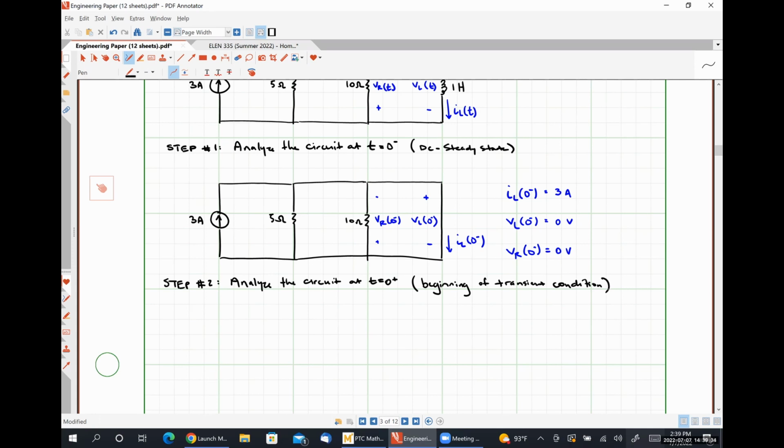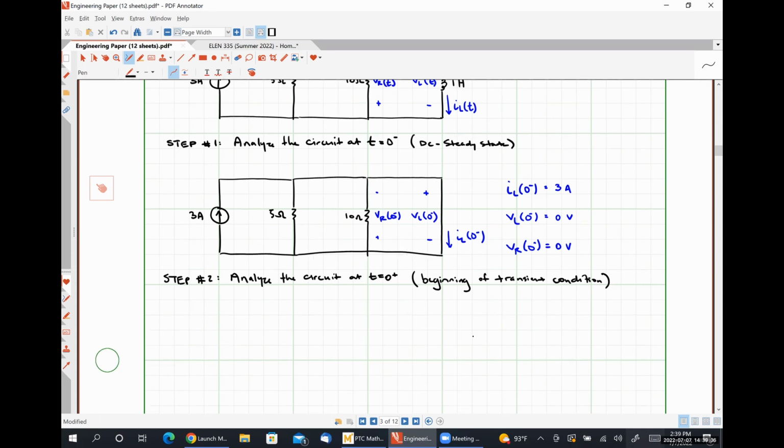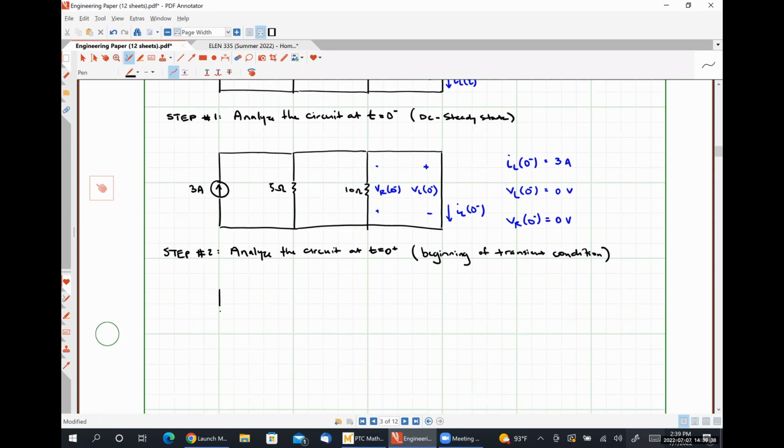So at t is equal to 0 plus, our switch has just opened. So we're going to have our 3 amp source here, our 5 ohm resistor here. Our switch is going to be replaced by an open circuit.